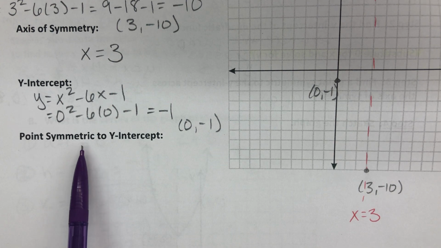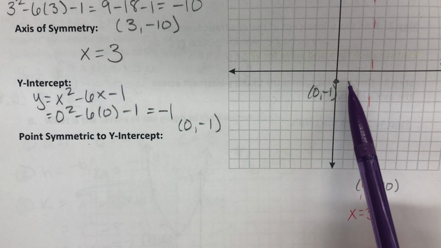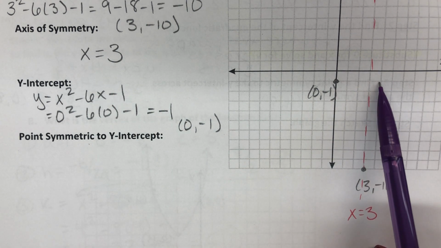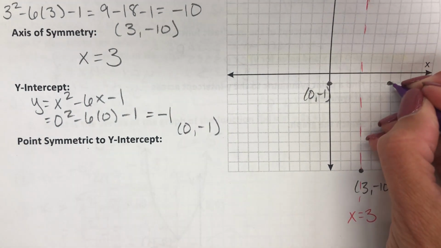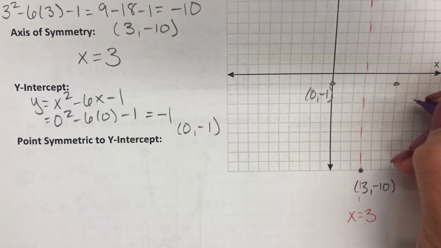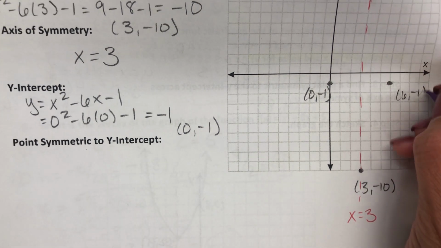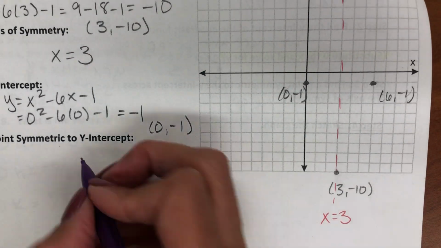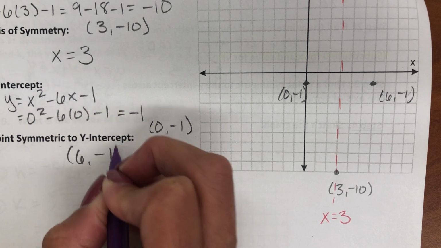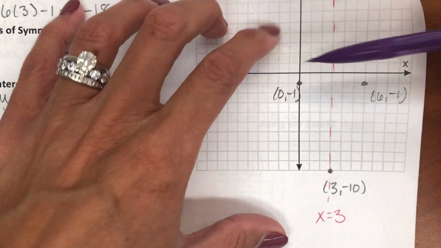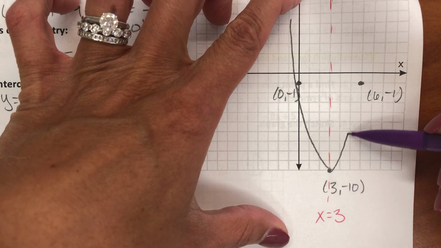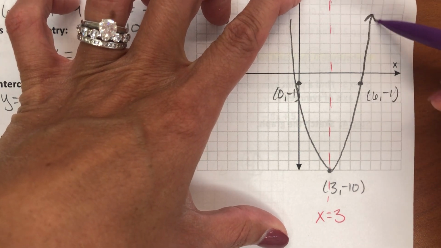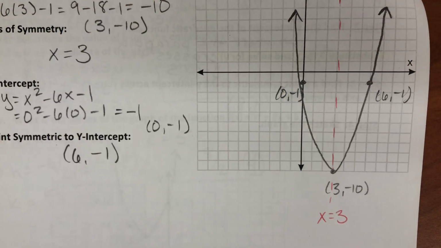And then I'm going to reflect it over. 1, 2, 3, 1, 2, 3. And that is the point (6, -1). And then, ta-da, you have your parabola.